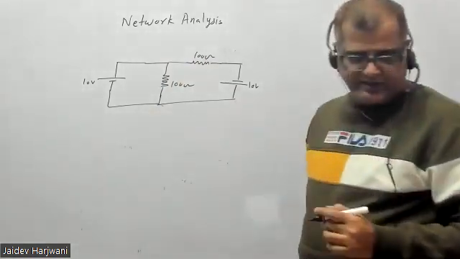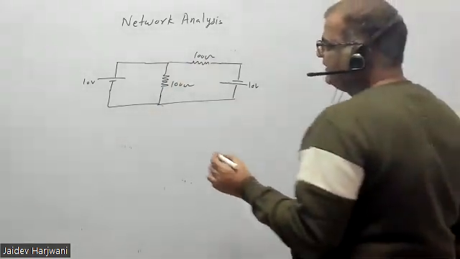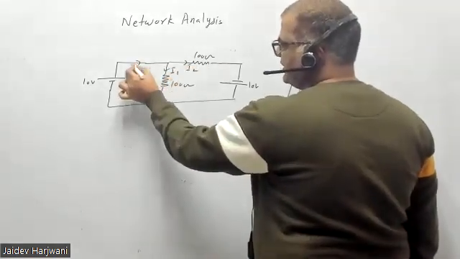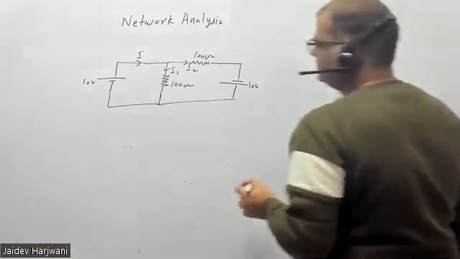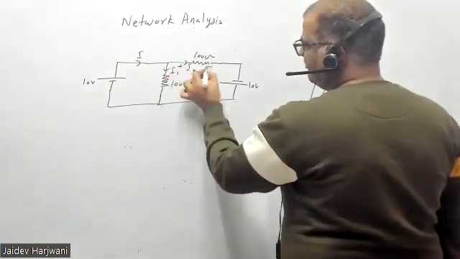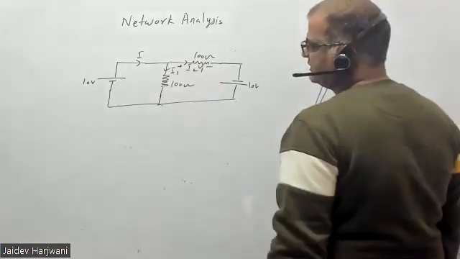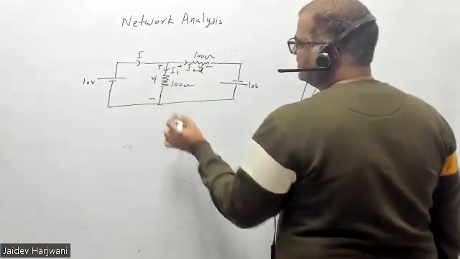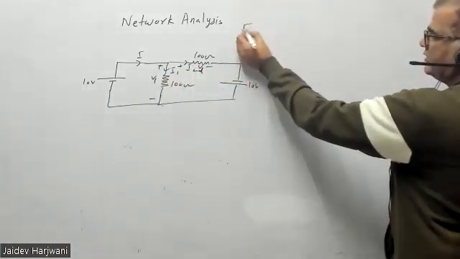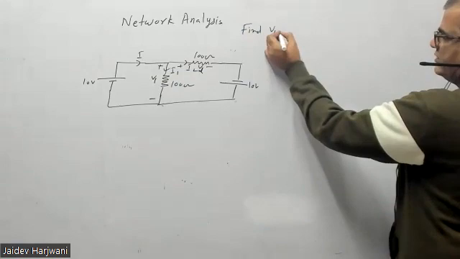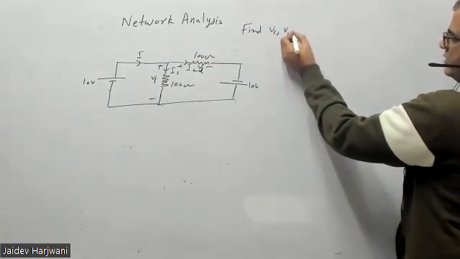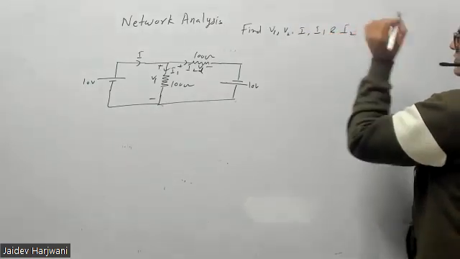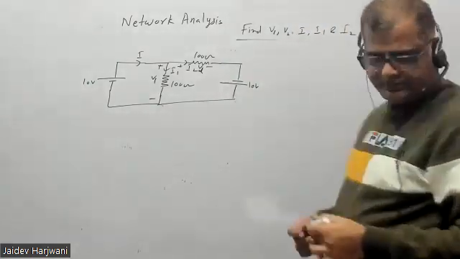Say this current is I1, this current is I2, this current coming in is I. This voltage is V2 and this voltage is V1. The question is to find V1, V2, I1 and I2.